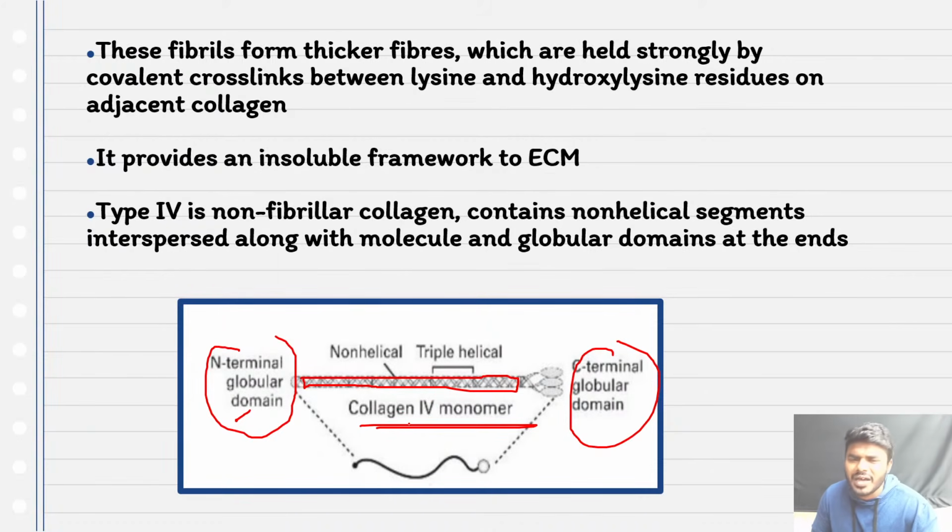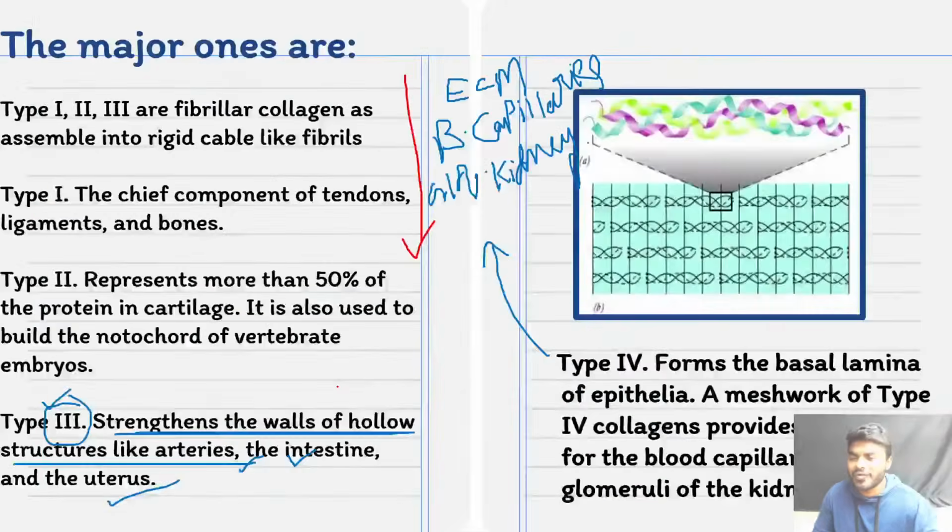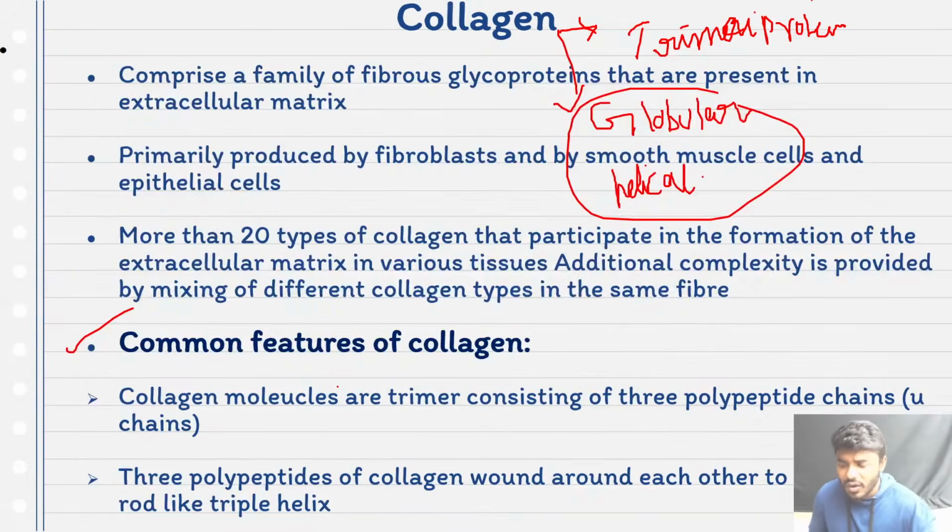Some are fibrillar, some are non-fibrillar. But remember, most of the middle part will be the fibrillar region only. Only the extra N-terminal and C-terminal domains are globular. Don't forget that, friends. So the first type of ECM protein is collagen.